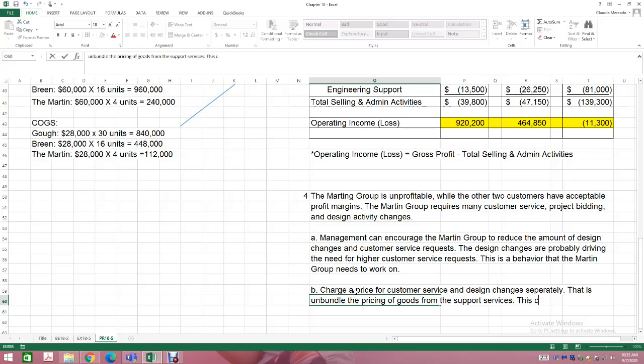This can be a good long-term solution, as well as help improve the bidding process. Okay.